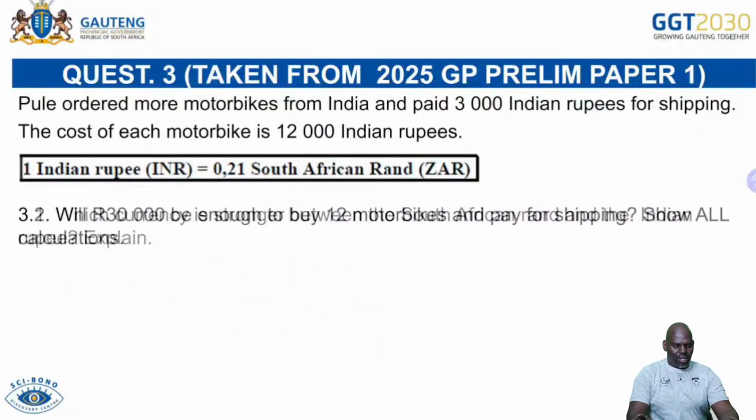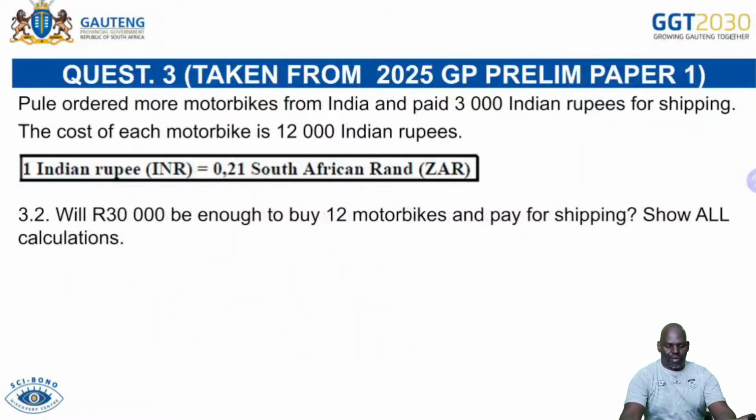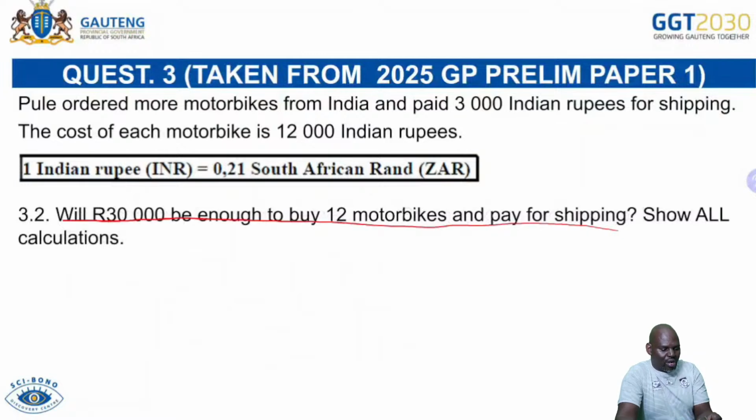Okay, right, then number 3.2: Pule ordered more motorbikes from India and paid 3,000 Indian rupees for shipping. The cost of each motorbike is 12,000 Indian rupees. Will 30,000 rand be enough to buy 12 motorbikes and pay for shipping?